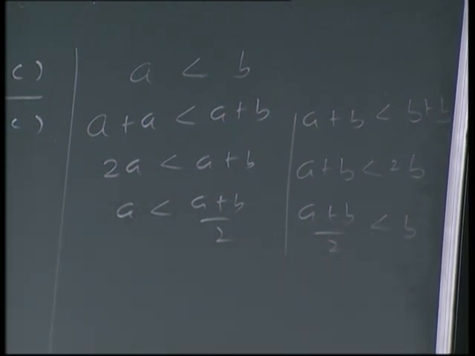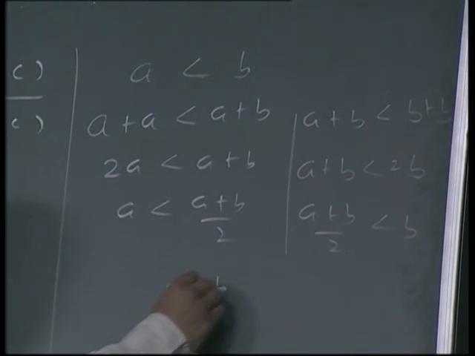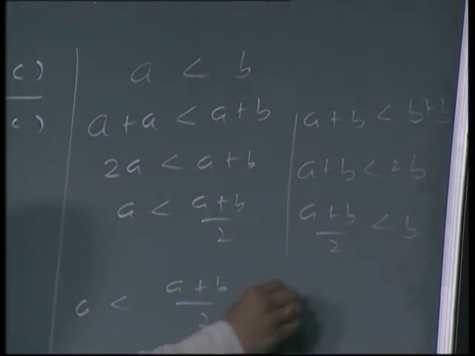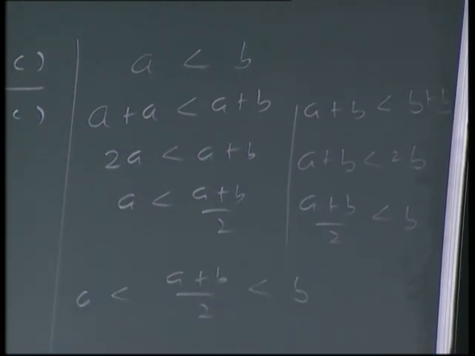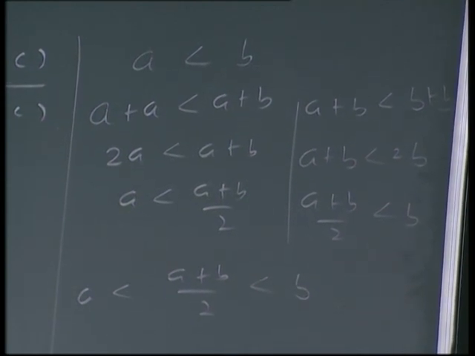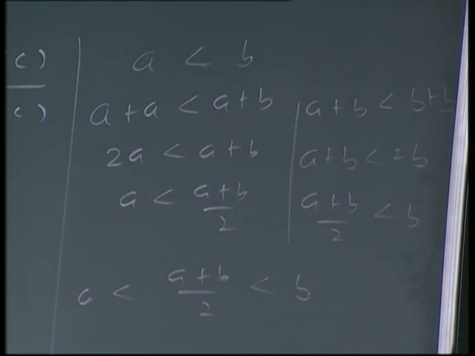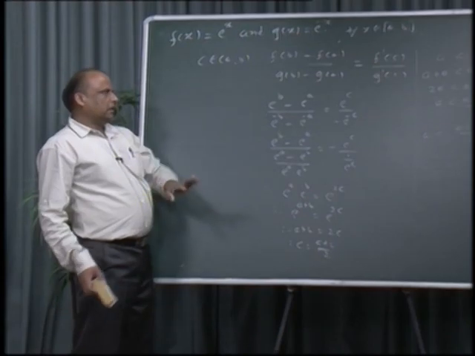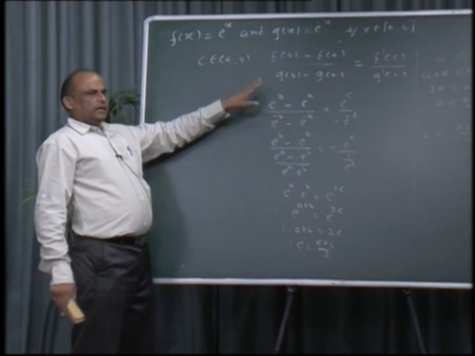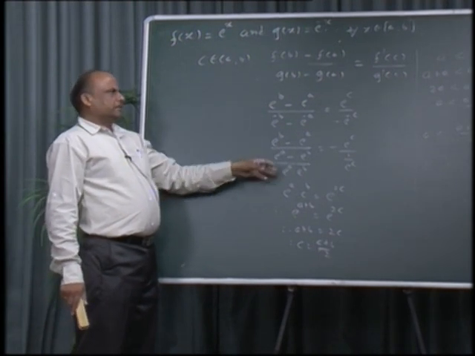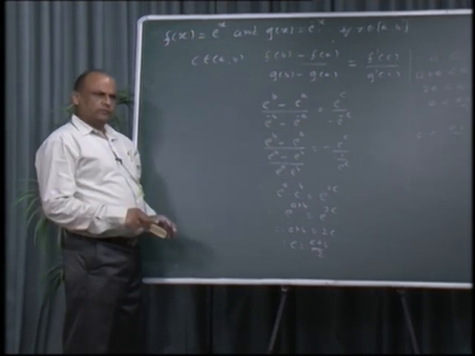So my number (a plus b) by 2 is definitely between a and b. This justifies the conclusion, that I can get a number c between a and b at which the condition (f(b) minus f(a)) upon (g(b) minus g(a)) equals f dash c upon g dash c holds.